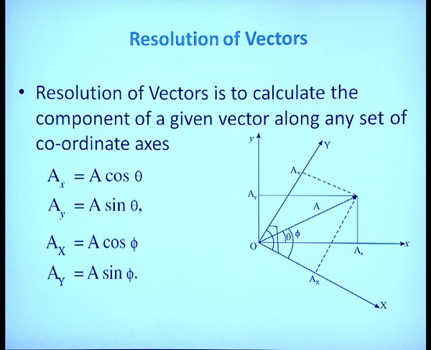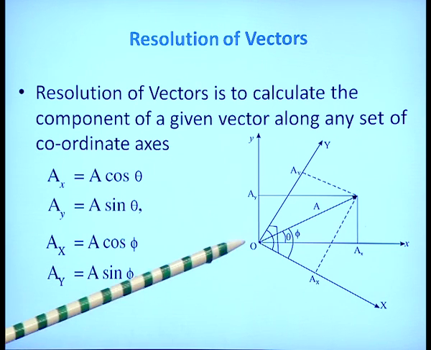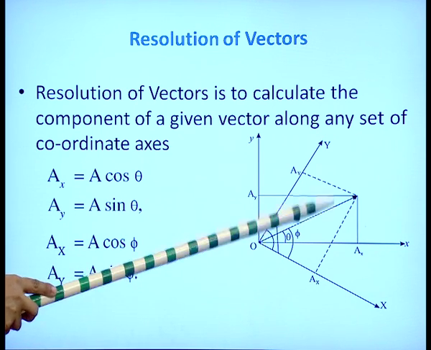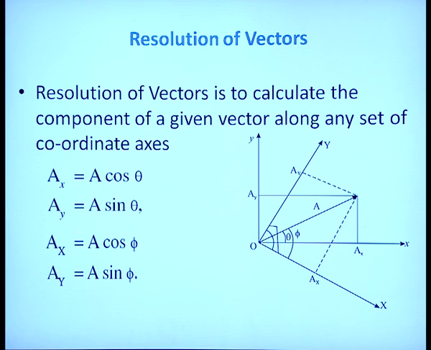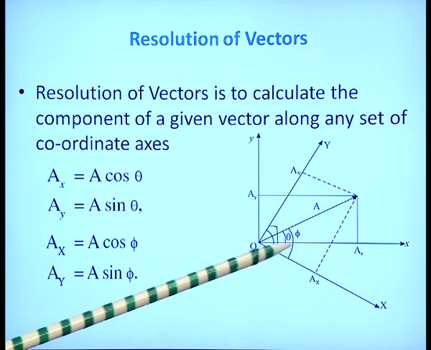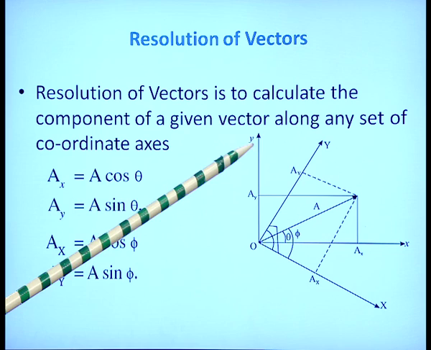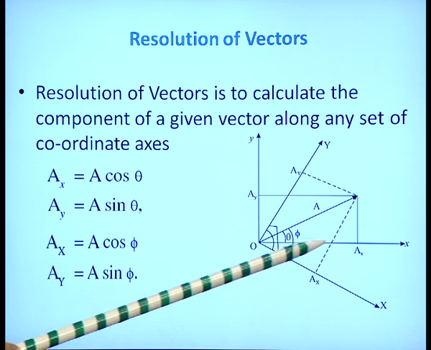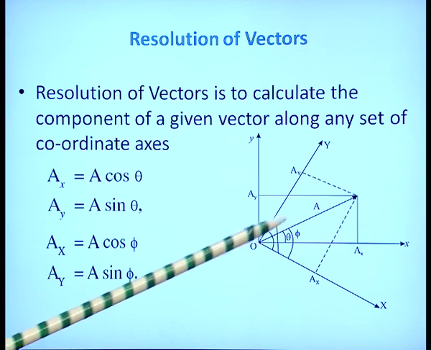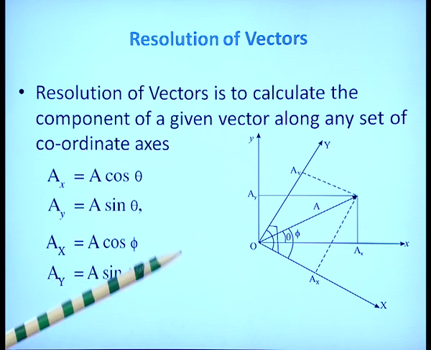As you can see on the screen, here we are taking any vector A. Now, we take any coordinate axes. Suppose we are taking small x and small y as the coordinate axes. This is the x axis and this is the y axis.